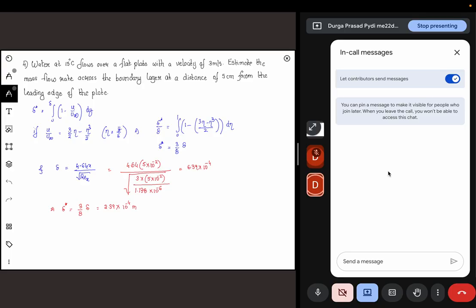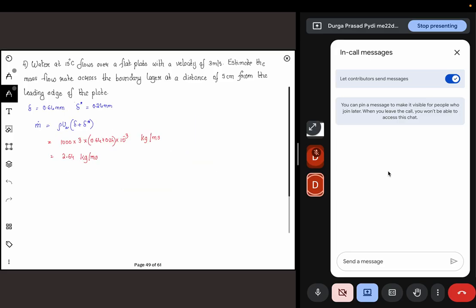Now I have delta star. I already know delta from the integral solution. So I'll substitute those values to get delta star. So you can see how small this value is. So this is in meters. This is like 0.6 mm and this is like 0.2 mm. So now I have delta and delta star. I can calculate my mass flow rate as rho infinity times delta plus delta star. That is coming to around 2.64 kg per meter second.